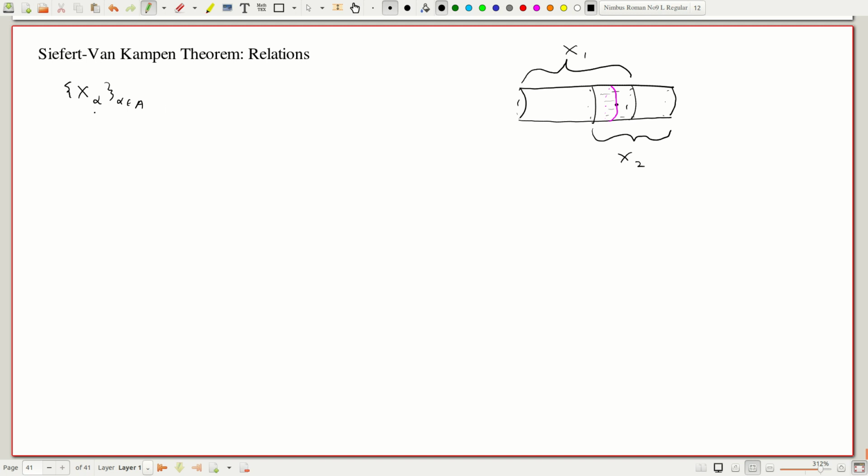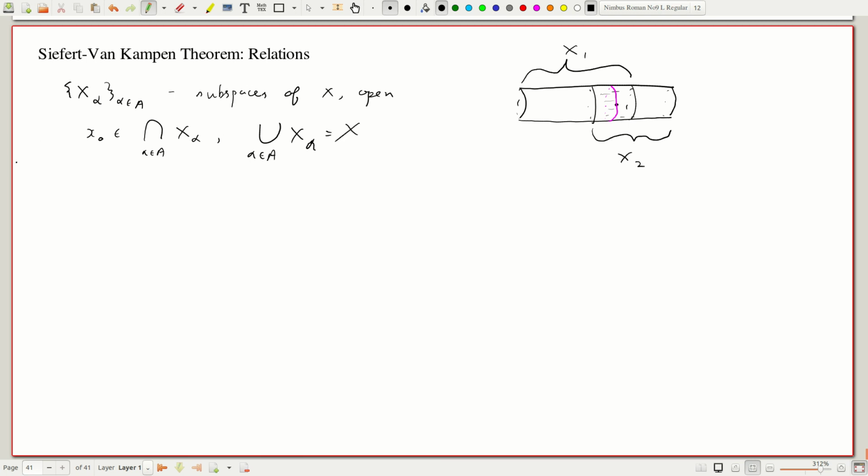So we have X alpha, alpha in A, as subspaces of X, and they are open. And X0 belongs to the intersection over alpha in A of X alpha, and the union of all of these is X.